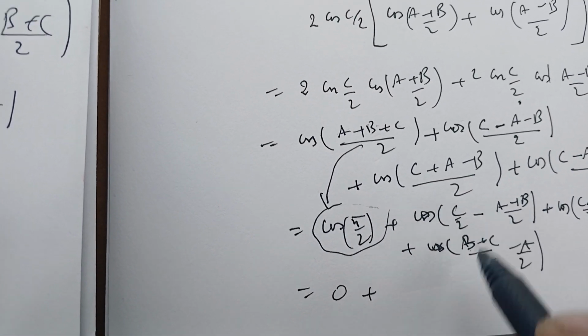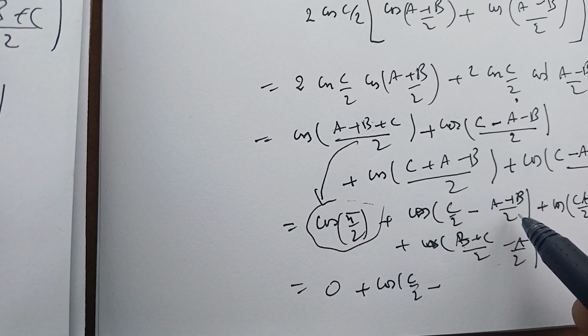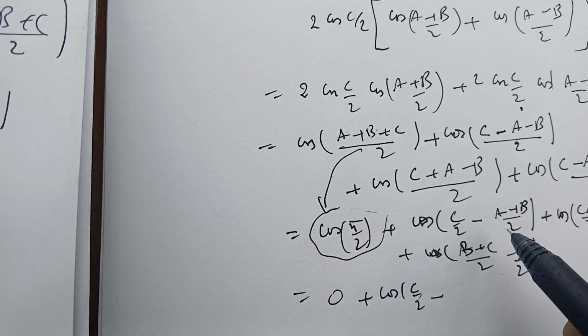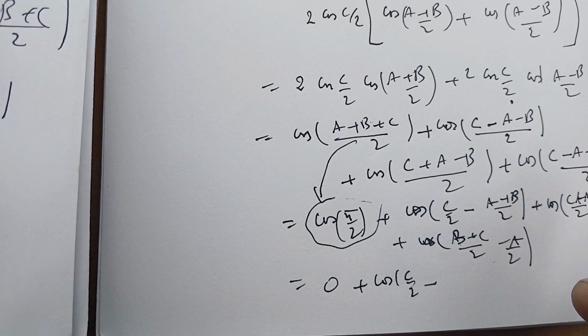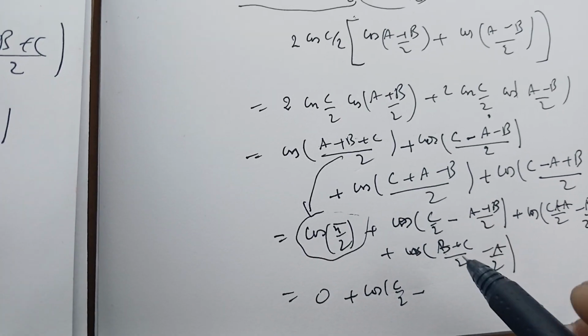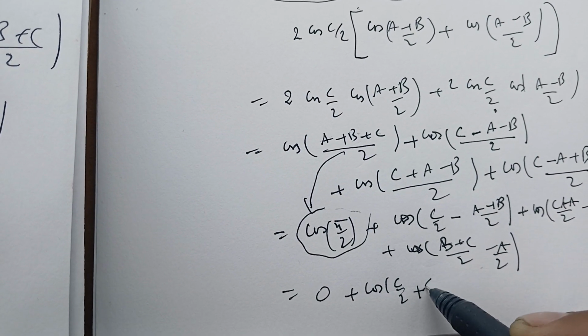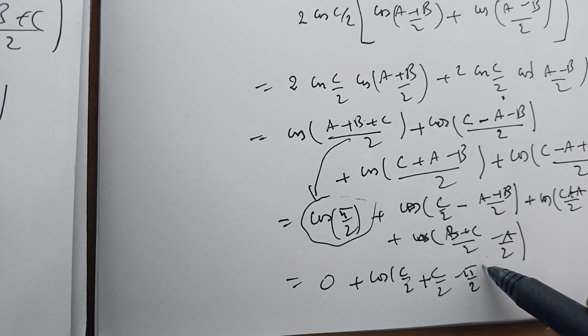Here, C over 2 minus A plus B over 2 is just C over 2 minus the quantity pi over 2 minus C over 2, which gives cosine of C minus pi over 2.